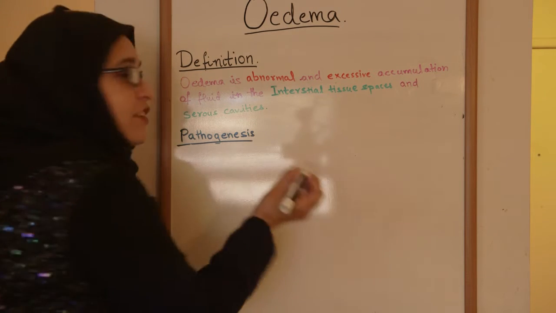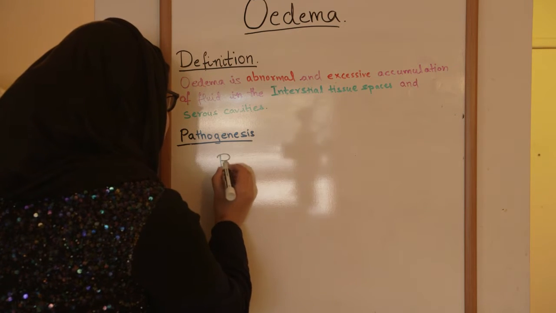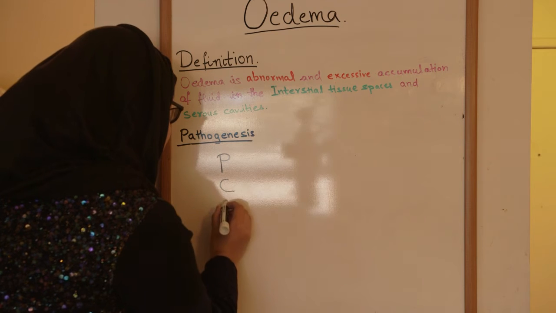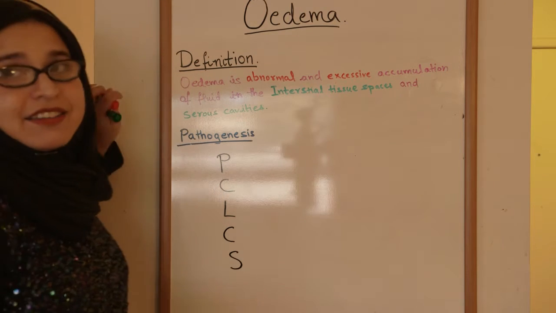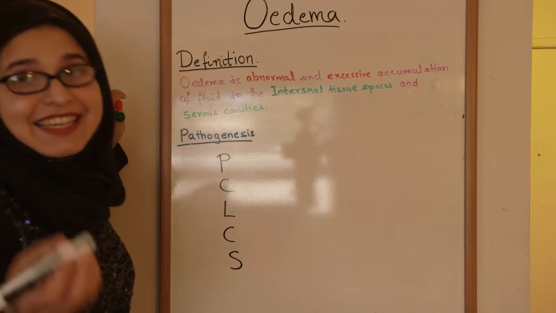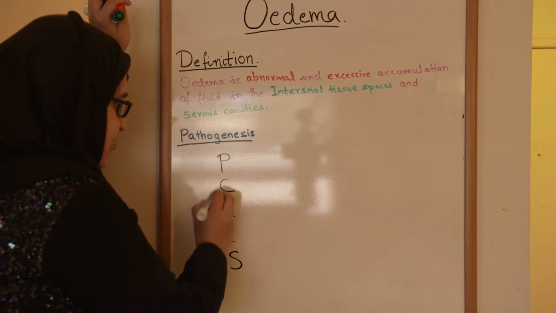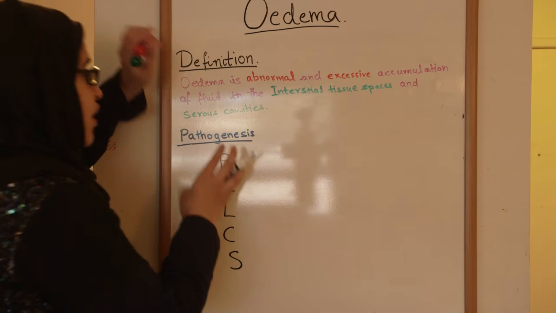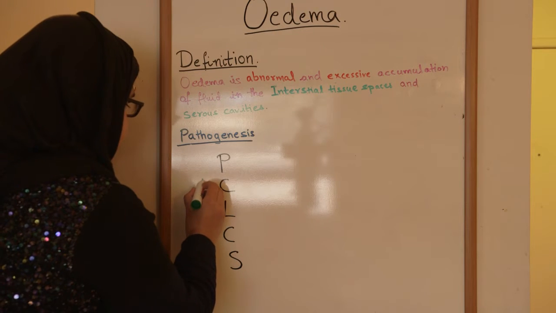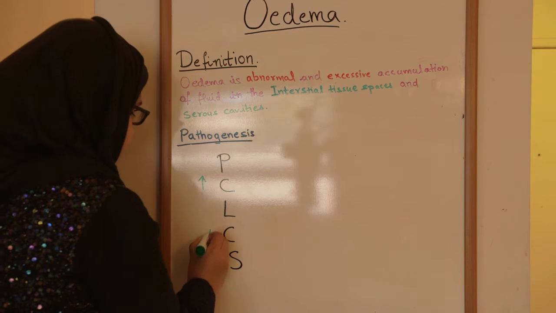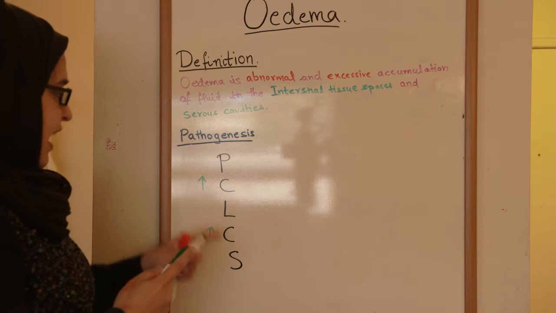Pathogenesis includes, it's easy for you to write in the examination, P, C, L, C, S. You can learn this: P, C, L, C, S. And you always have to remember C. In front of C, you have to put a sign of increase. Here, the sign of increase. Okay. P, C, L, C, S.